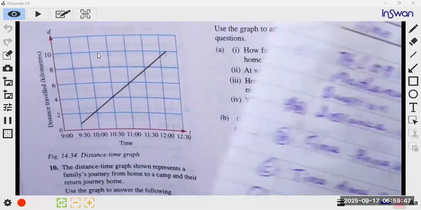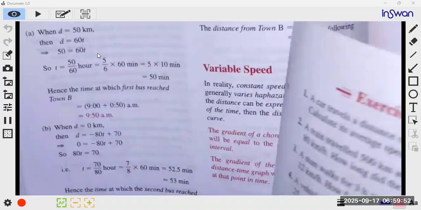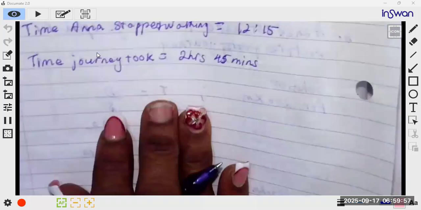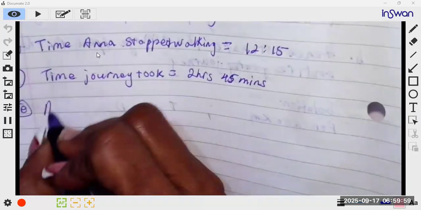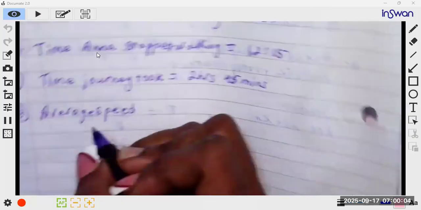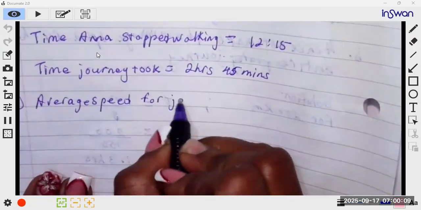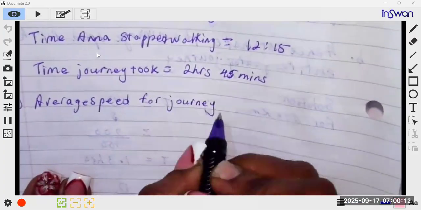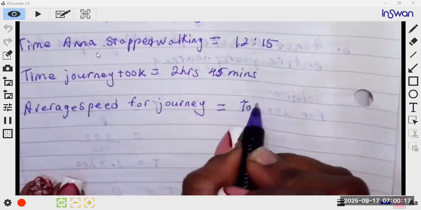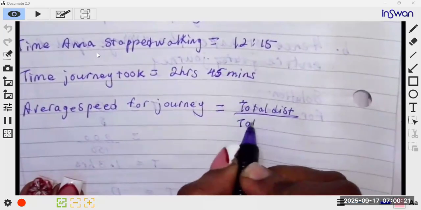Exactly. So we can find the average speed for the entire journey. So average speed for journey will be equal to the total distance over total time.